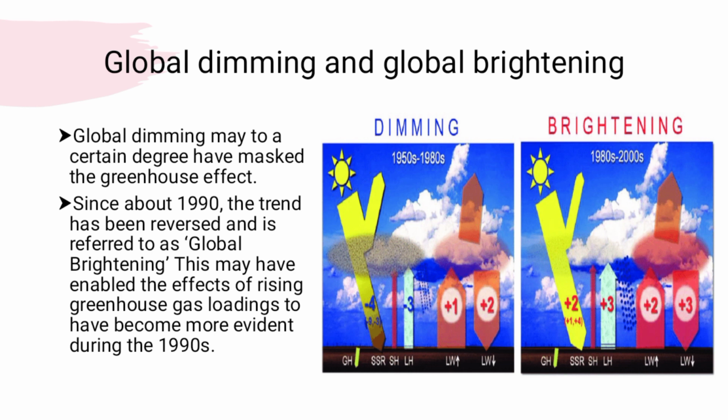Since about 1990, the trend has been reversed and it is referred to as global brightening. This may have enabled the effects of rising greenhouse gas loading to become more evident during the 1990s.